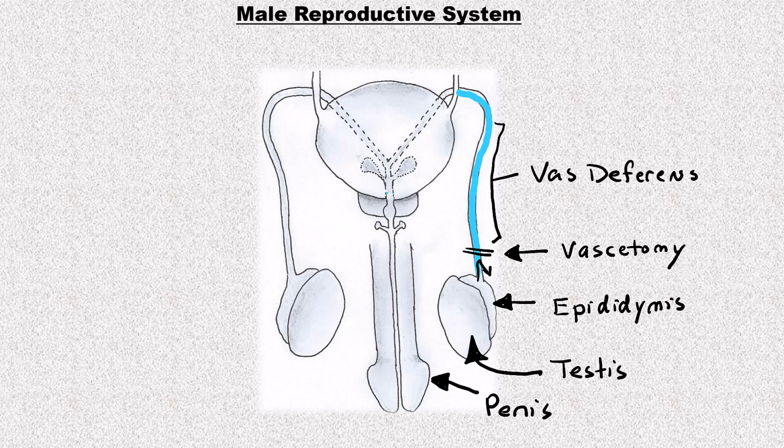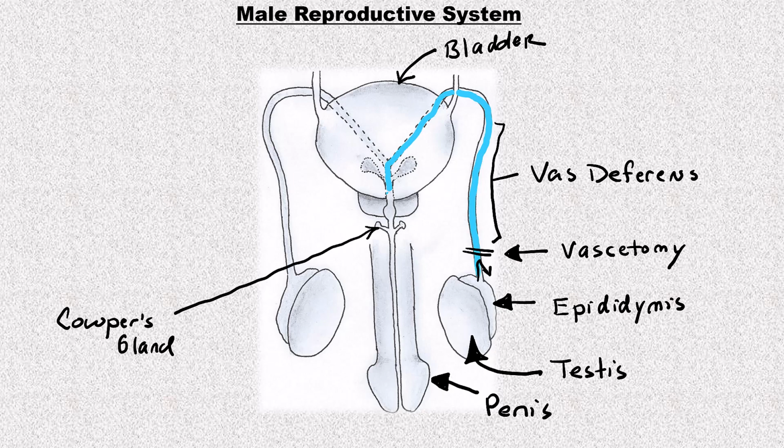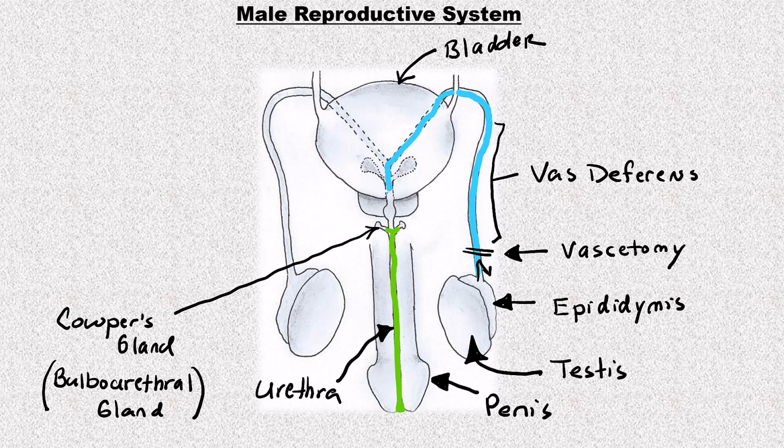Sperm are moving. They're going to move around or behind the bladder, where urine is stored. And as this is going on, or even before the sperm leave, the bulbourethral gland, known as the Cowper's gland, will release a mucus into the urethra, the tube through the penis, to lubricate it and get ready for the ejaculation of semen.